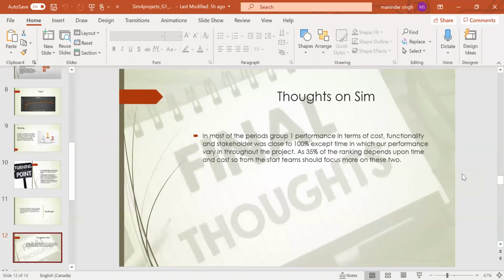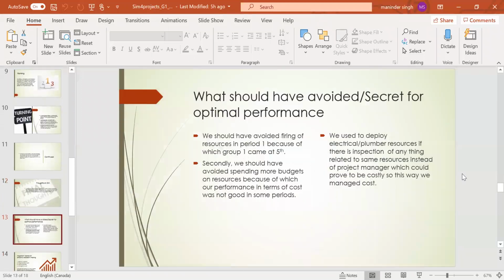Next I will talk about what should have been avoided, or the secret for our optimal performance. Firstly, we should have avoided the firing of resources in period 1. Because of a misunderstanding, I fired resources in period 1 before the completion of the period, which resulted in our team coming at fifth position.